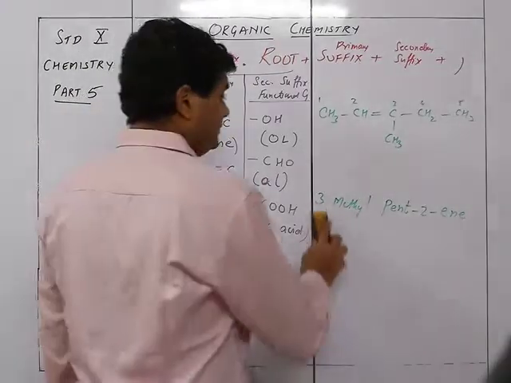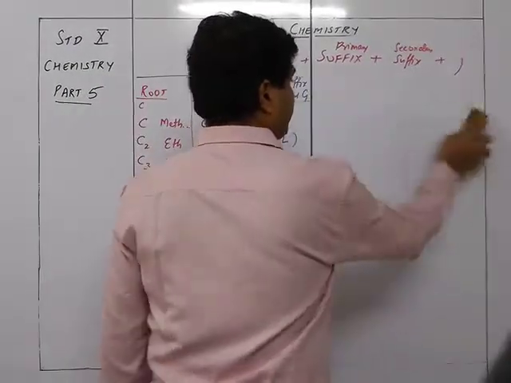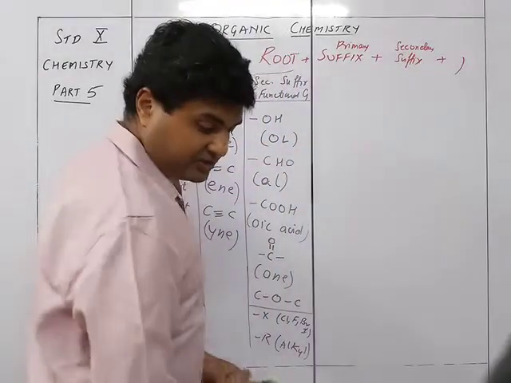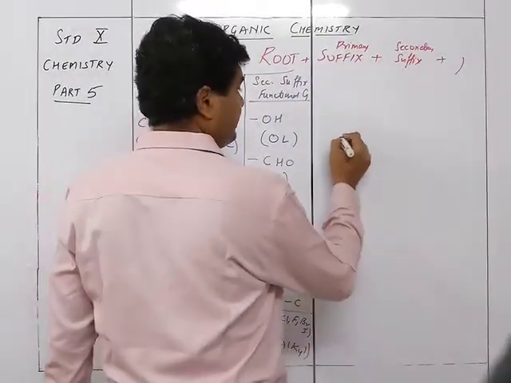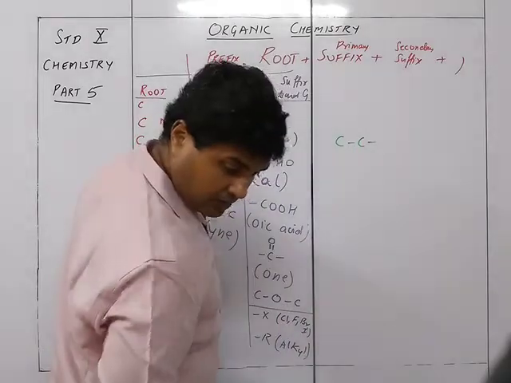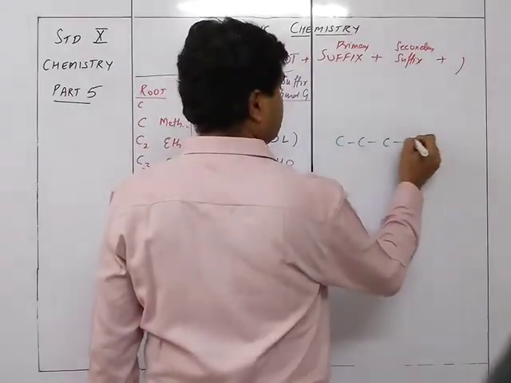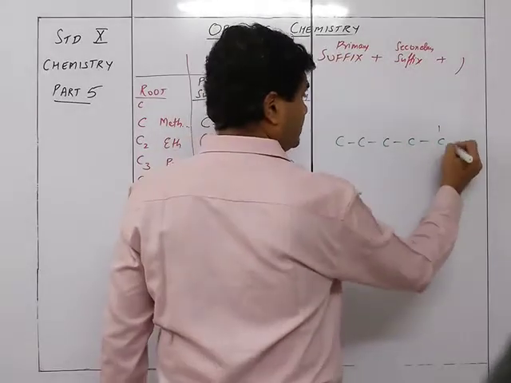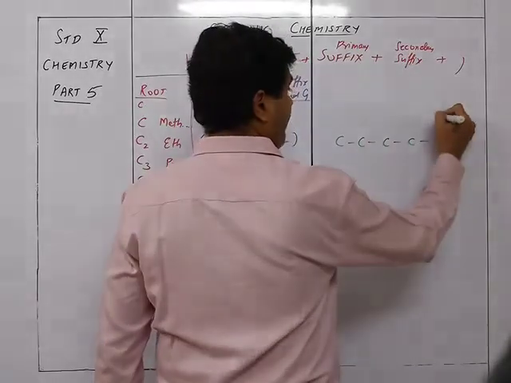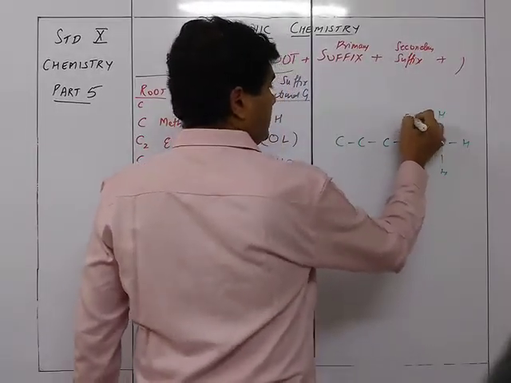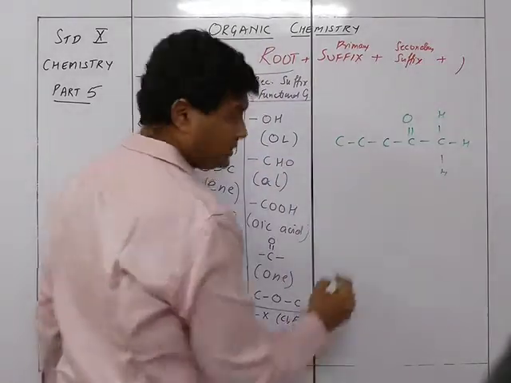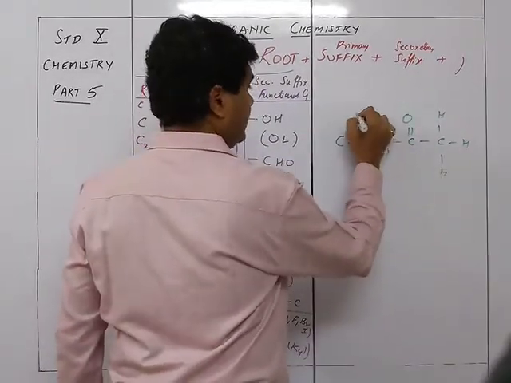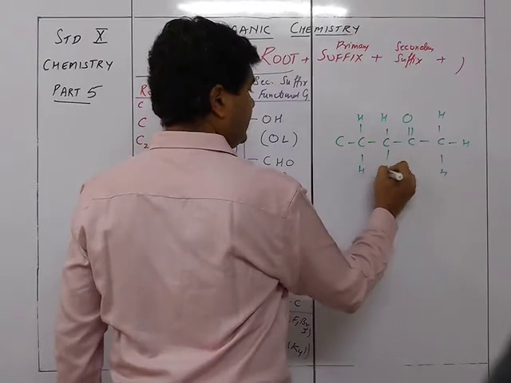Let's see the next one. In the next one, they are given as a structural formula. So it is going to be this way: C, C, C, C, C, and you have got one H, H, H here. Over here, H, H, H, H here.